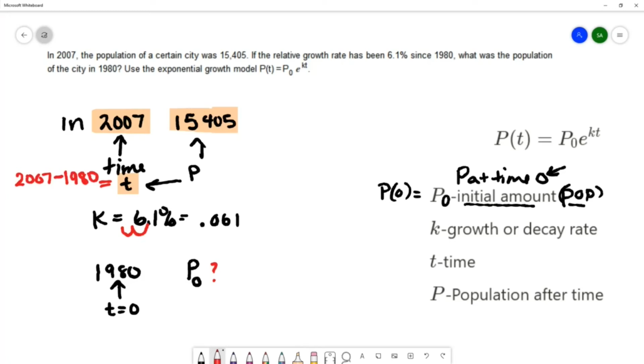So let's work that out. How many years since 1980? 2007 minus 1980 is 27 years. So in 2007, we have a population of 15,405. P of 27, the population 27 years after 1980, is 15,405.